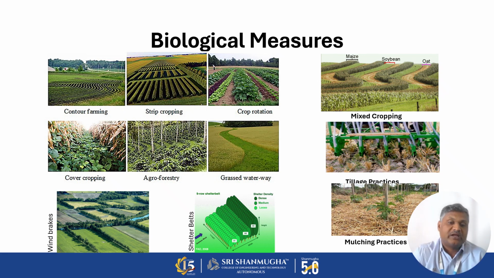Then during medium wind velocity, the medium trees will restrict the wind blowing, and at higher wind velocity, the high level trees can obstruct the wind, so that on the downstream side of the shelter belts, the crops can be safe and the soil cannot move due to the wind velocity.